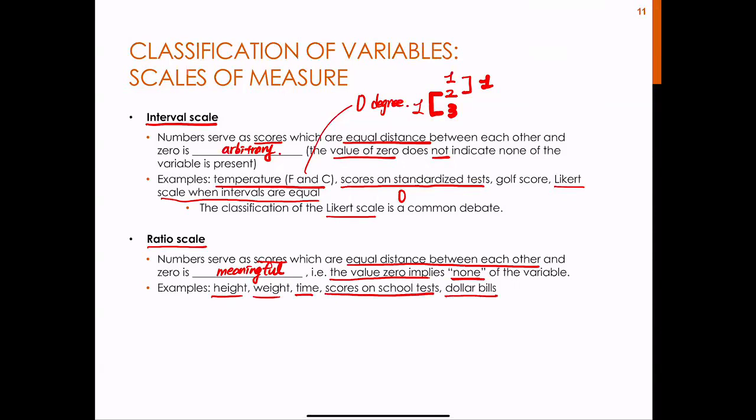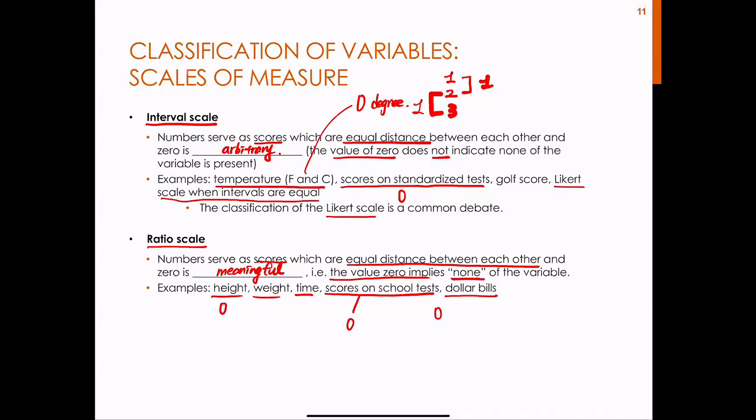So for example, how many dollars do you have in your wallet? In this question, if you have 0, it means nothing. Yeah, you don't have any money. So like this, 0 height is no length. And 0 score on a school test means there is no correct answer. Yeah, so in this case, 0 has specific meaning. I mean none of the variable. So this is the ratio scale.